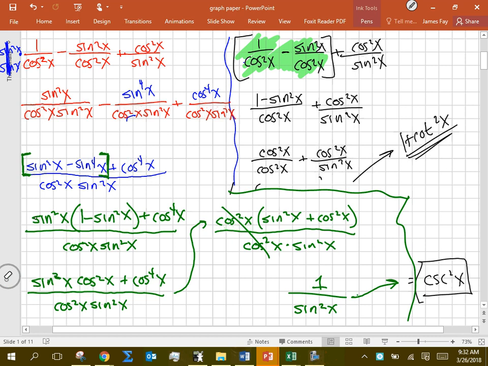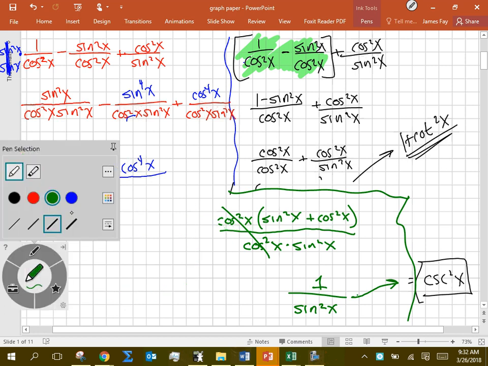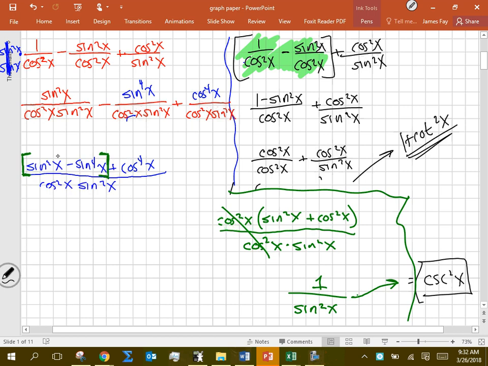I just want to see something real quick. If we went back and messed around with this again, I'm going to rewrite it as cosine to the fourth x minus sine to the fourth x plus sine squared x.